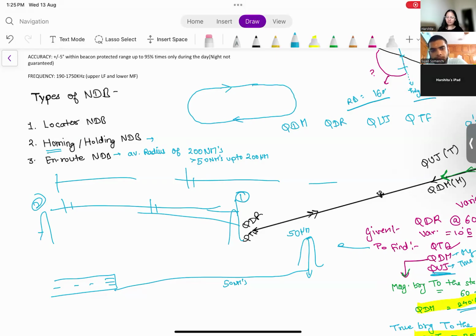You can even make a hold over that NDB. So either that NDB is there for homing or for holding. Holding in case of any traffic and homing just to welcome you. This is situated nearly at 50 nautical miles.